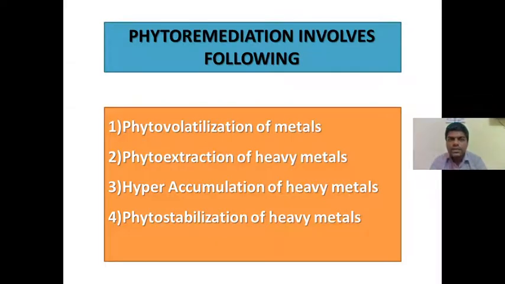If we decide to do the process of phytoremediation, we will have the following four types. Phytoremediation involves phytovolatilization of metals, phytoextraction of heavy metals, hyperaccumulation of heavy metals, and phytostabilization of heavy metals.